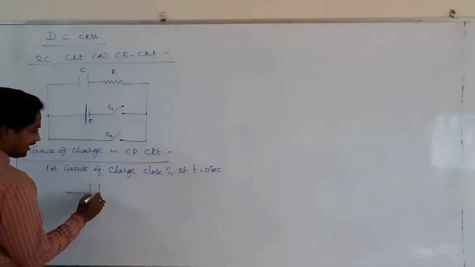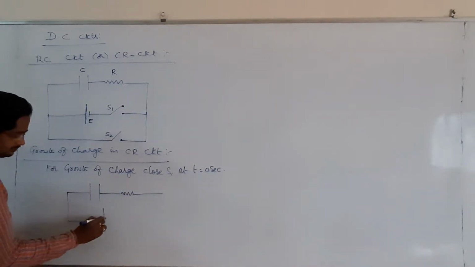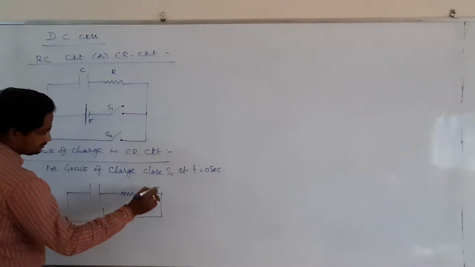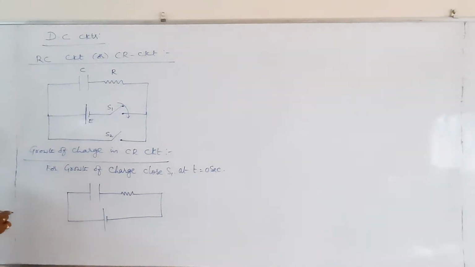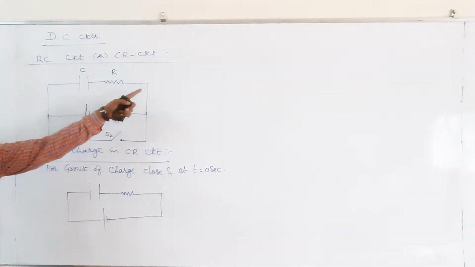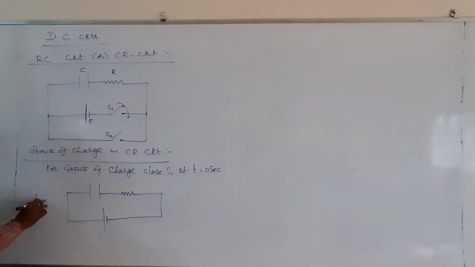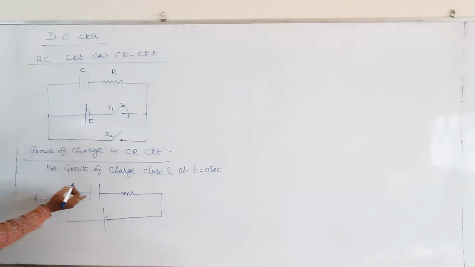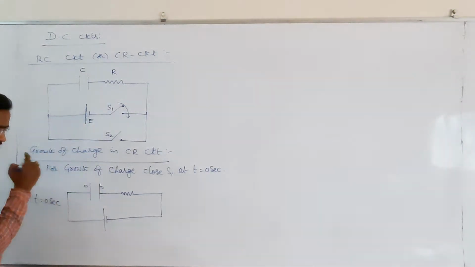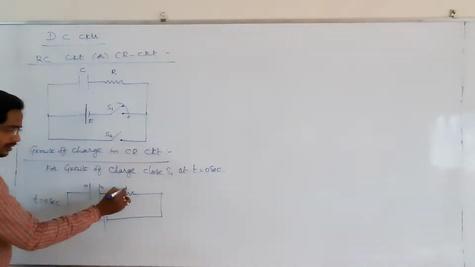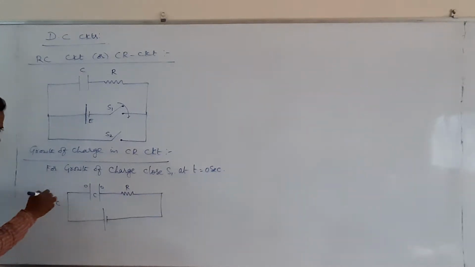This capacitor is connected to a resistor and a battery. Because S1 is closed, the circuit is closed, and at this time of 0 seconds, the charge stored on the plates of the capacitor is 0. If the charge is 0, what about the potential?